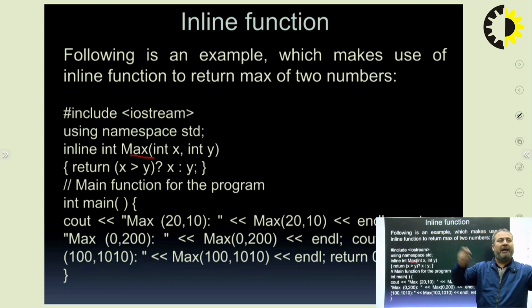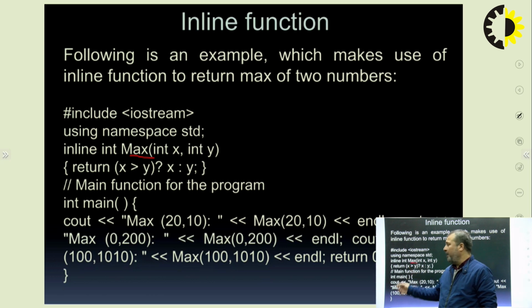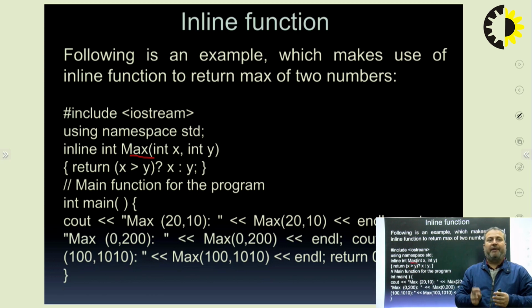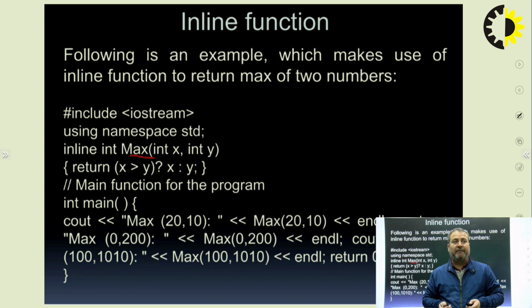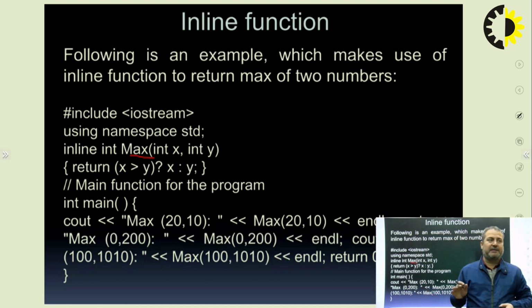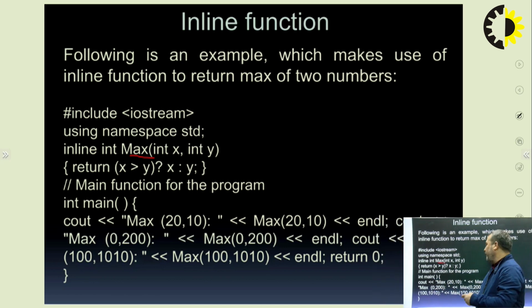Either we can make a function inline by writing the qualifier, or if we write the definition in the class itself, where we simply use or associate some function, that function is also called inline.